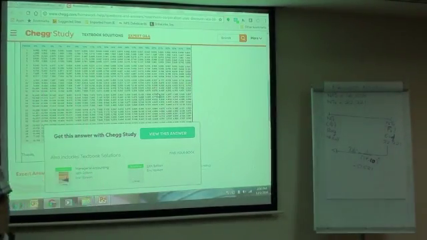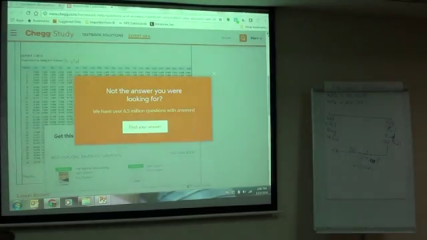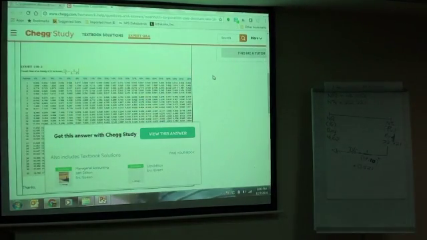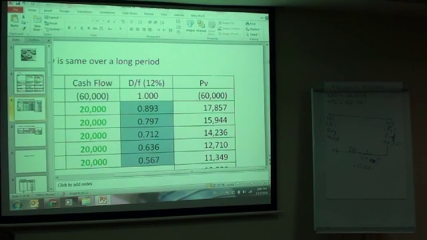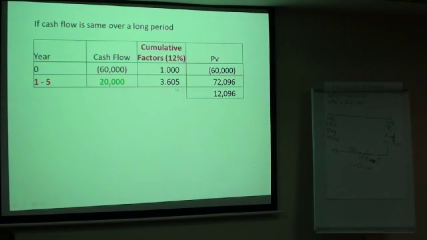But you need to be careful which factors you are using. What I have given you is the discounting factors, but what I am showing you now are the cumulative factors. So you need to get the right one. So 3.605, if you can remember, is the cumulative factor here. So we know two ways of doing it.